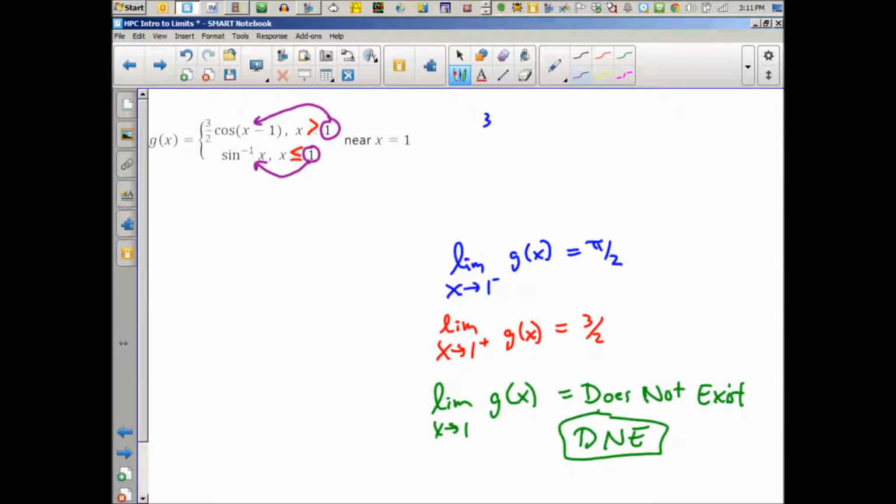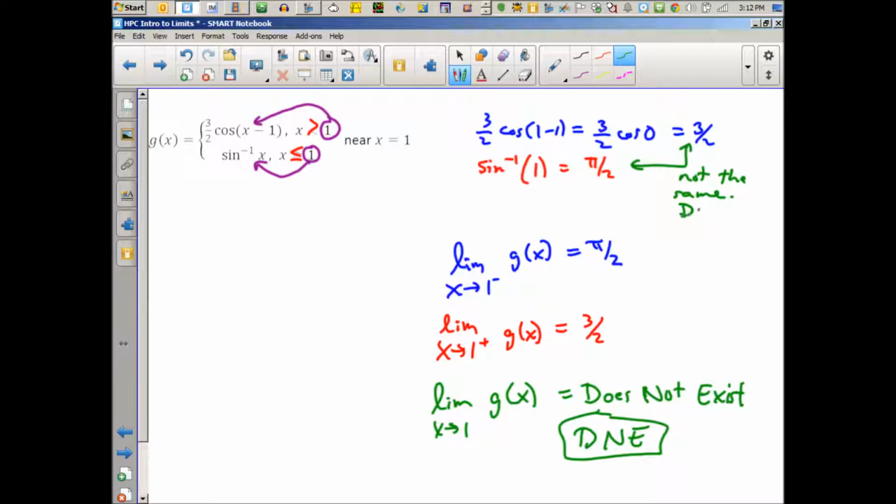You would get 3/2 of cosine of 1 minus 1 equals, and that's just 3/2 cos 0, which is just 3/2. And then you could do the other one by doing sine inverse of 1, which is pi over 2, and then you can make the same conclusion that these two are not the same. The limit does not exist.